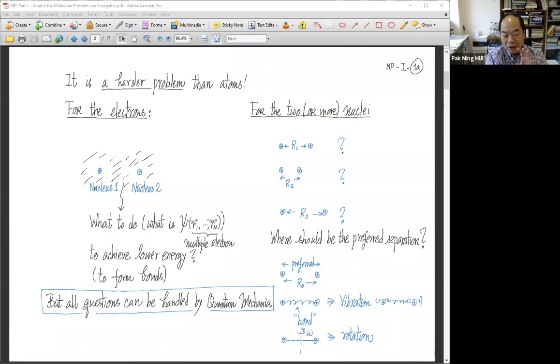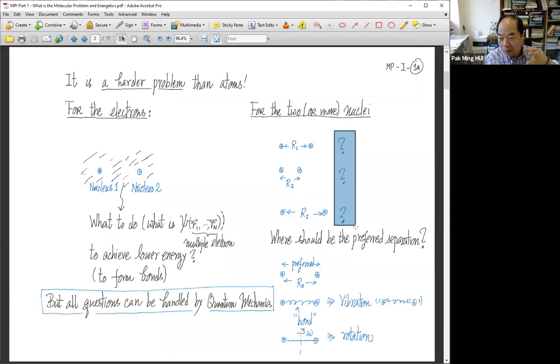But even worse, we have the questions on the right-hand side. If you are the nuclei, 2 or more, then you start to ask, where should we sit? There are different separations, right? So perhaps R1, or closer R2, or farther away R3, okay? So the nuclei are wondering, what is the best separation?